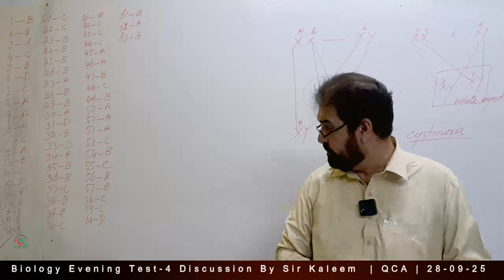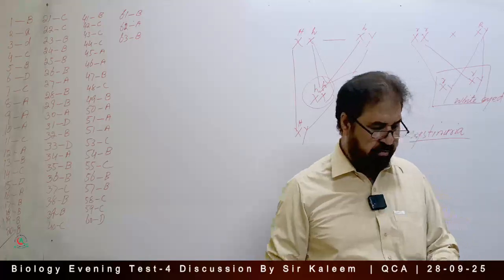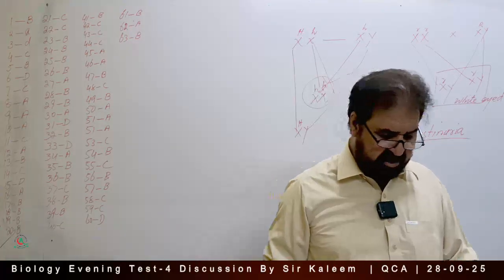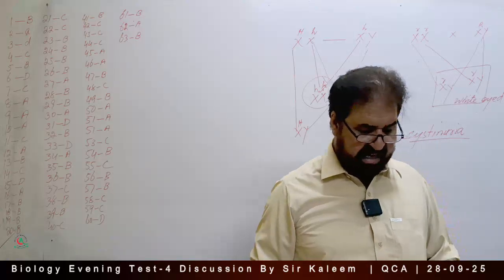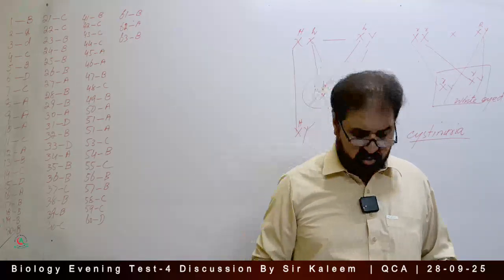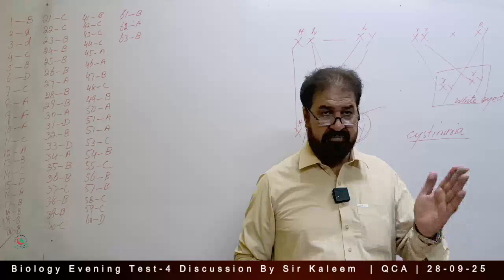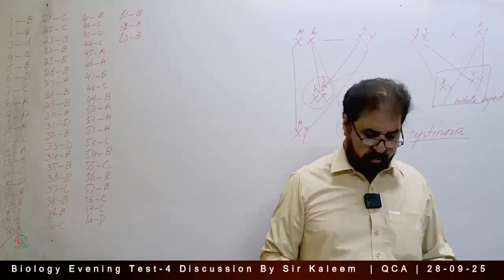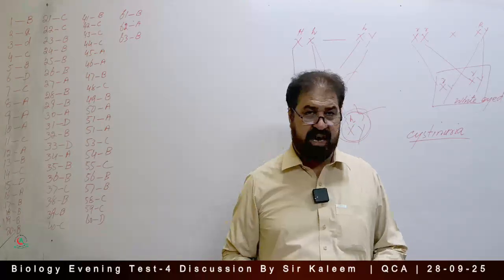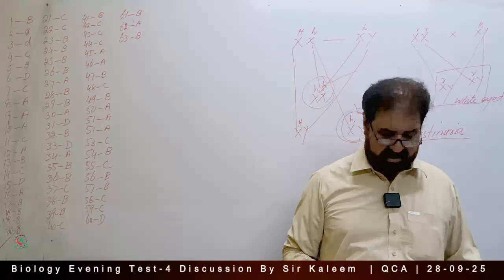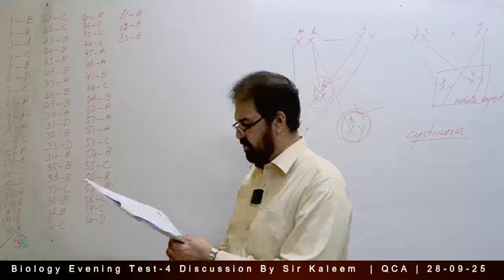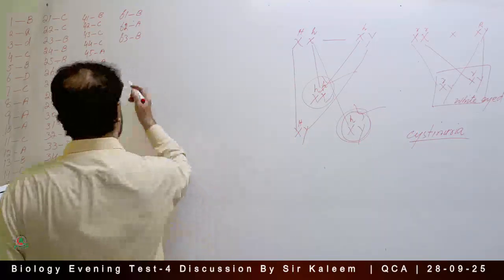Question 64. Glomerular capillaries are unique because they lie between two arterioles, afferent arteriole and efferent arteriole. So glomerular capillaries are the only arterial capillaries and are located between the two arterioles. So option B is correct.